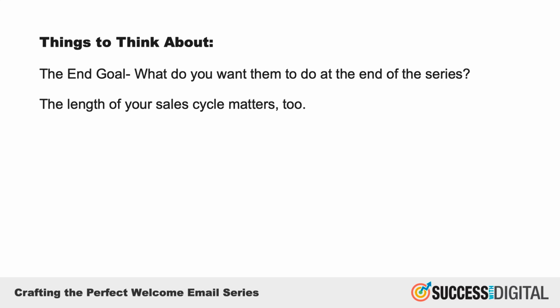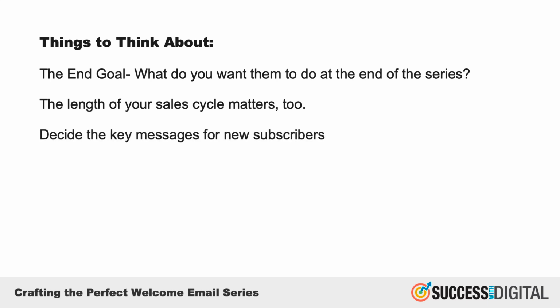But if your sales cycle is, say, it takes people 6 to 9 months to convert, then you're going to want to look at that sales cycle and what type of emails can you send out throughout that time frame to help convert them into a customer. And so taking a look at the sales cycle definitely matters, and starting to plan content so you have all of those touch points that you want along that timeline.